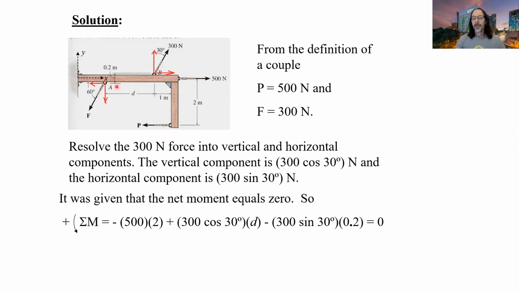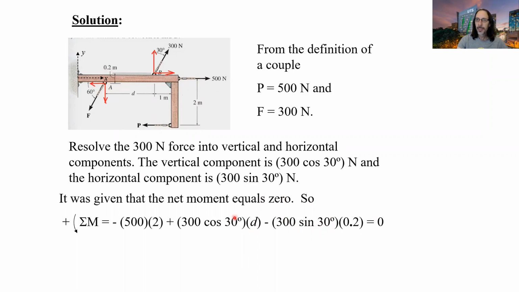So now, instead of one couple with the 300 Newton force at the angle of 30 degrees, we've got two couples. The couple formed by the horizontal component at the top and the horizontal component underneath, separated by a distance of 0.2. That's what we've got in this term here. Again, we can see that it will tend to rotate clockwise. If you look at point A, for example, this force here will rotate clockwise about point A.